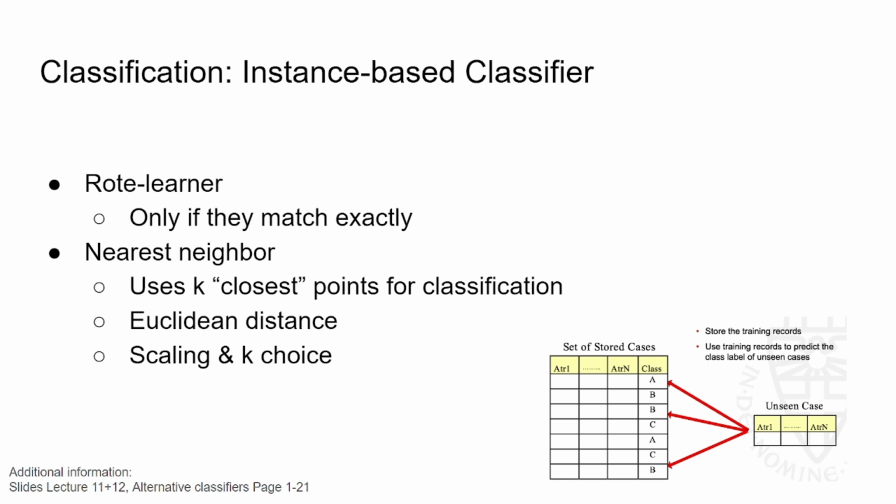Obviously, in reality, this doesn't really make sense. That's why a rote learner wouldn't work, because you have infinitely many forms your data can take in real life. But a nearest neighbor could work, because you're not looking at something exactly the same, you're looking at something similar. But then again, you run into the disadvantage of having to memorize the entire data set with your model every time you want to use it.